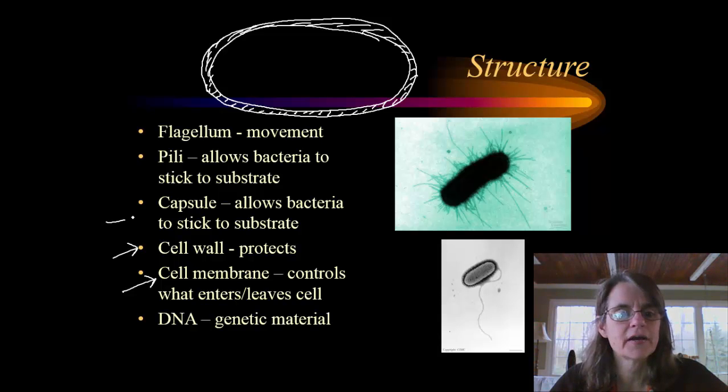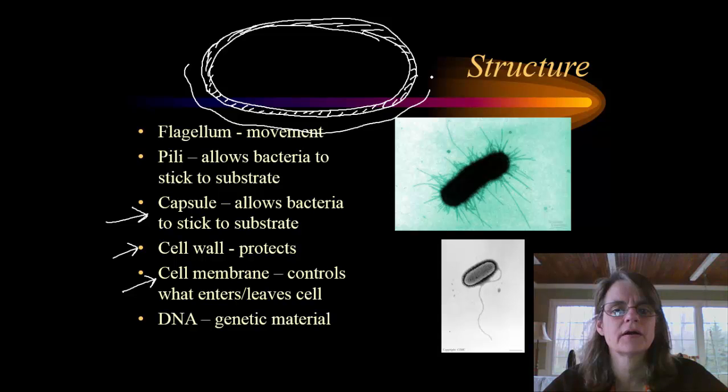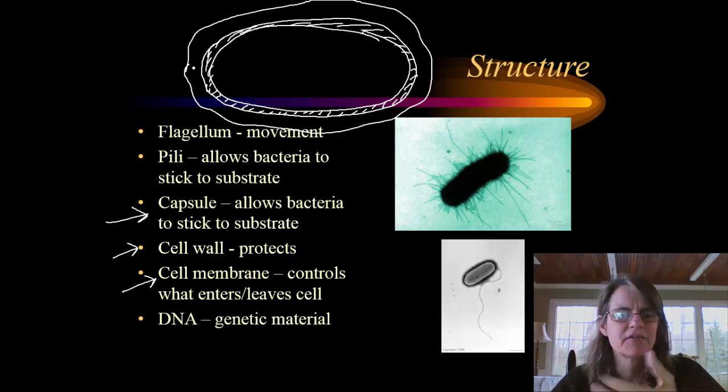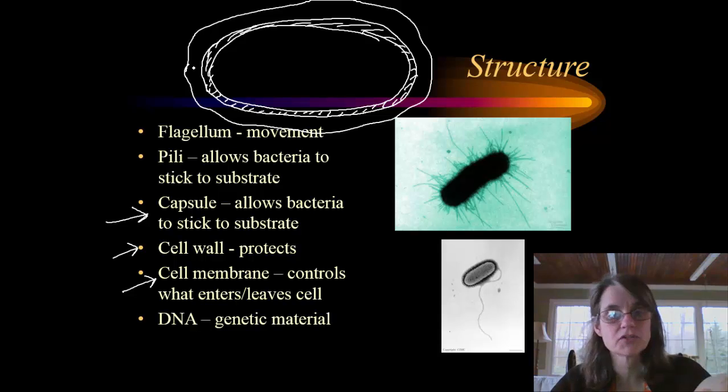It's a protein carbohydrate complex, but it helps the thing maintain its structure. Now, a third layer around many bacteria, though not all of them, is something called a capsule. And so I'm going to kind of draw that third layer around it. Okay. And it's kind of sticky and allows a bacterium to stick to some kind of substrate surface and not be just washed away. Okay. There is another set of structures called pili, and we can see the pili in this bacteria, these strands of almost hair-like looking things.